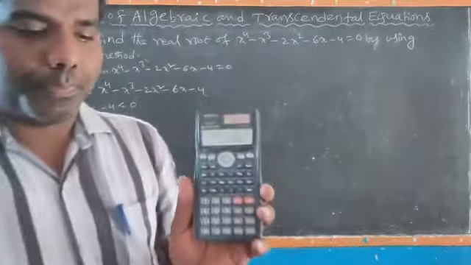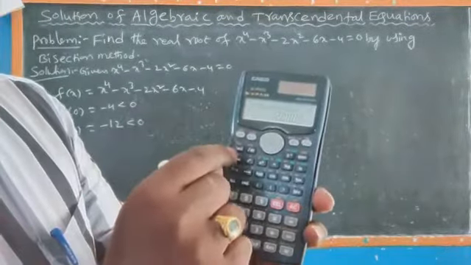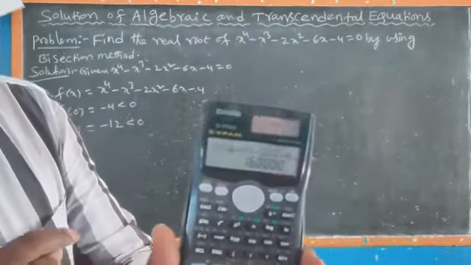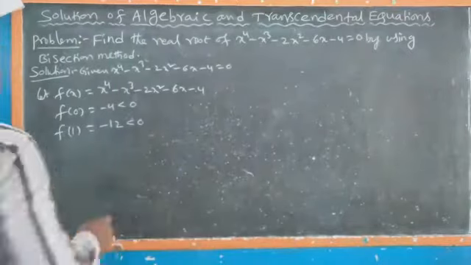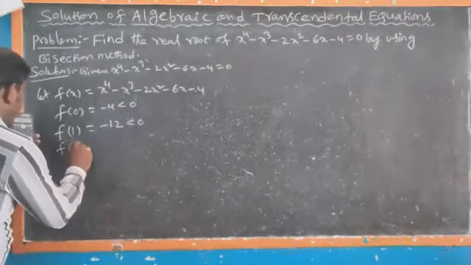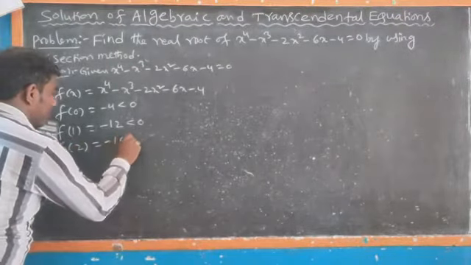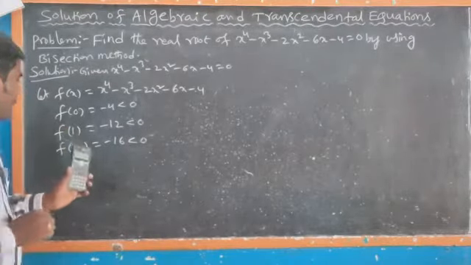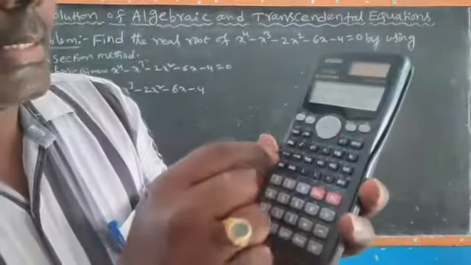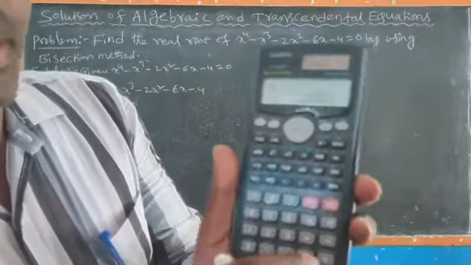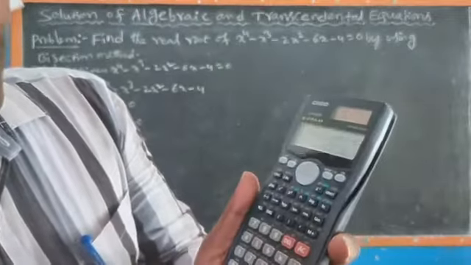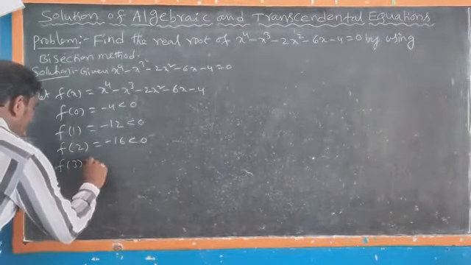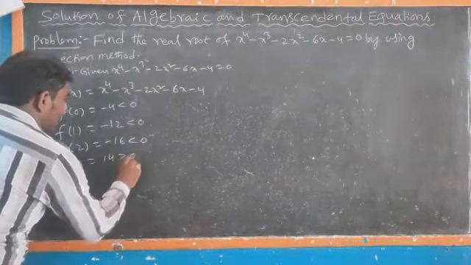Next x equal to 2 gives minus 16, also less than 0. Next x equal to 3 gives 14. f of 3 is 14, greater than 0.